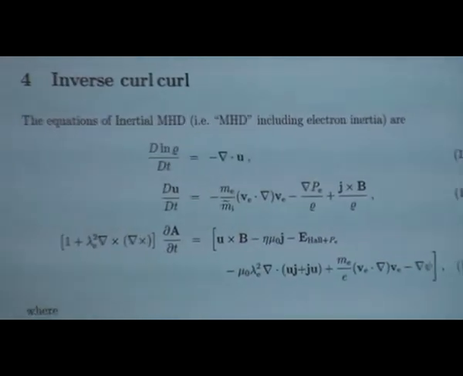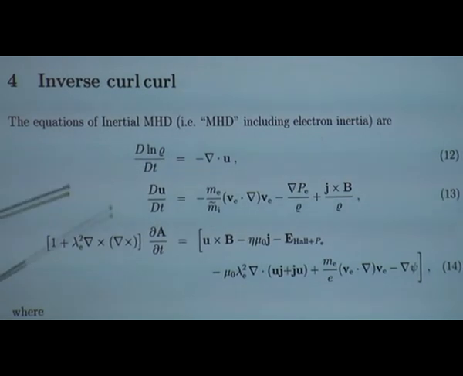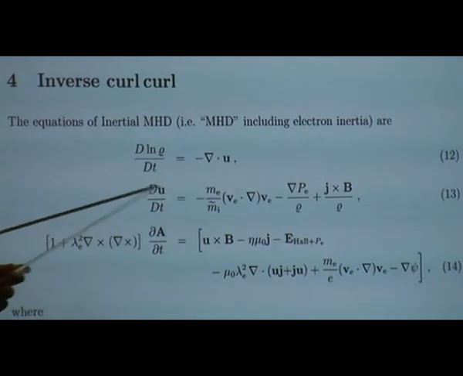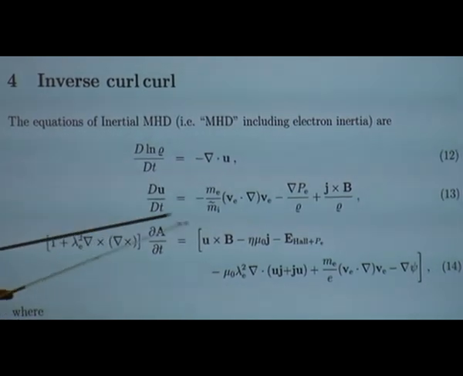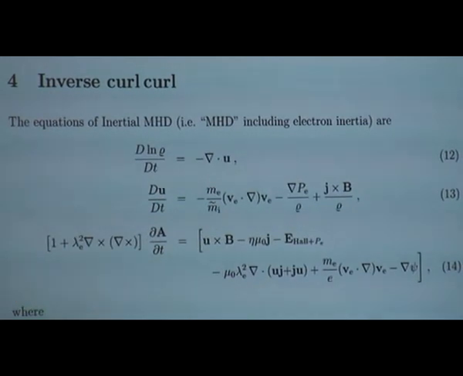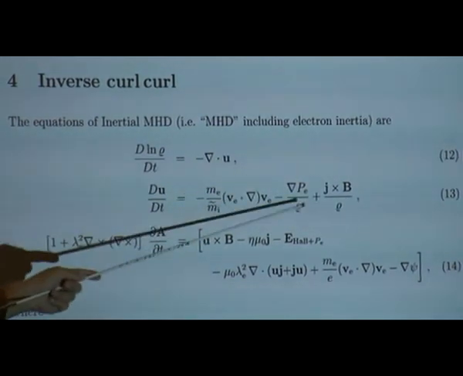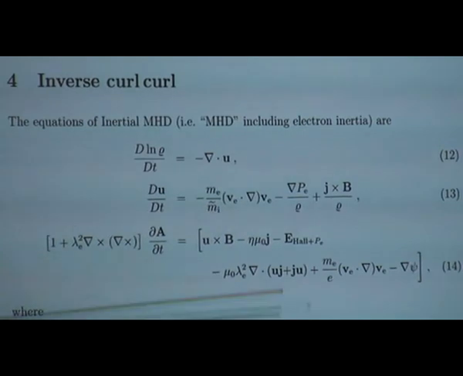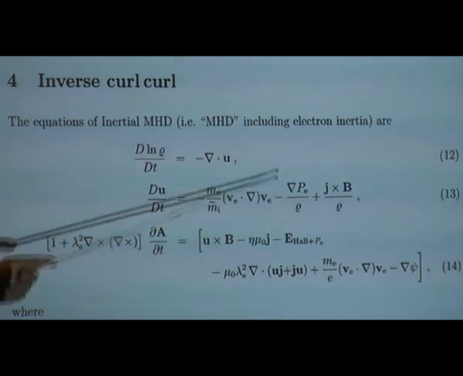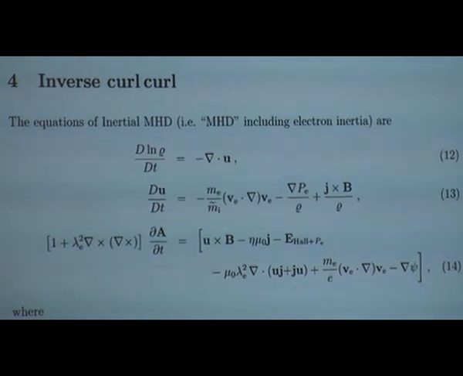We have an equation of motion that looks similar to what we had before, just that now we have the electron pressure here explicitly, and one assumption that enters here is that the ion pressure is small compared to the electron pressure, but that's still the classical pressure term, essentially.